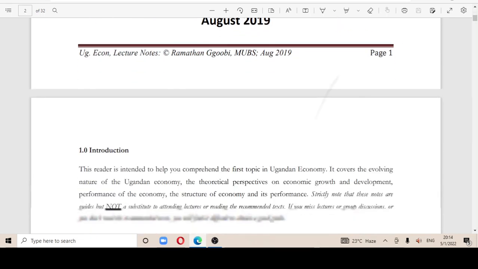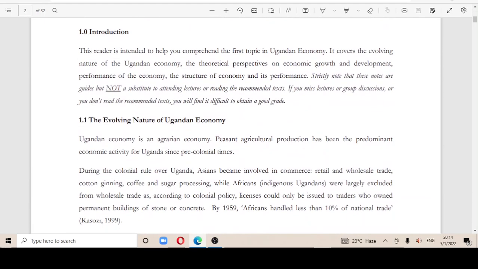So when you are to look at the Ugandan economy, just briefly introducing it, it is meant to cover the aspects I've looked at, that is the evolving nature of the Ugandan economy, and then the theoretical perspectives on economic growth and development, and then the performance of the economy, then the structure of the economy and its performance.